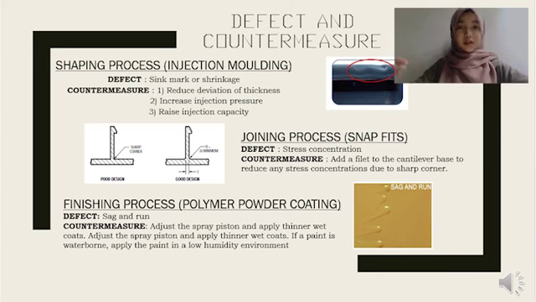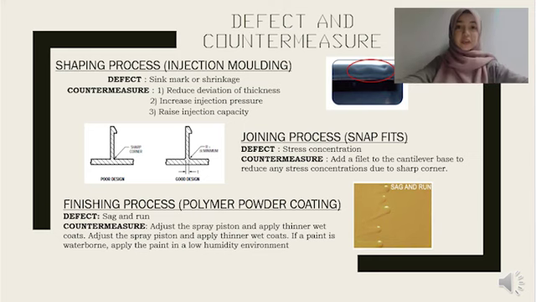This defect is caused by a sharp corner concentrating stress on the cantilever root, which makes it more susceptible to shear off. To overcome this problem, the countermeasure is we add a fillet to the cantilever base to reduce stress concentration due to the sharp corner, as in the picture.